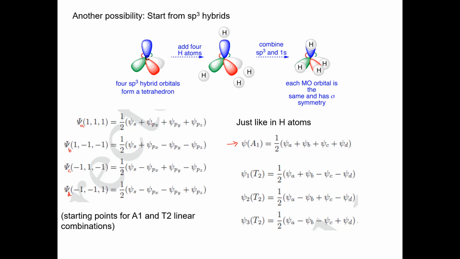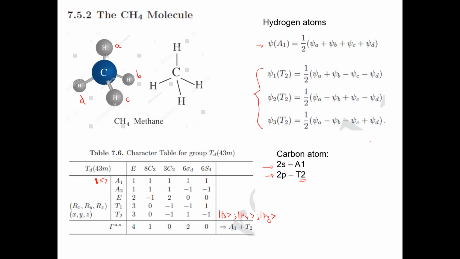So what happens when I sum all these 4 wave functions? You can see that for psi s, I sum all the 4 values, but for px, py, and pz, you see there's a cancellation here, right? So the result of this sum of 4 hybrids is just the 2s state of carbon.